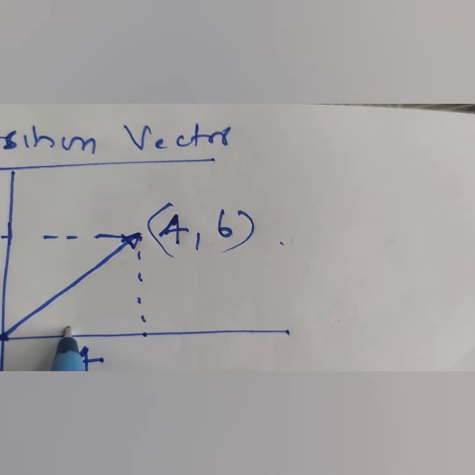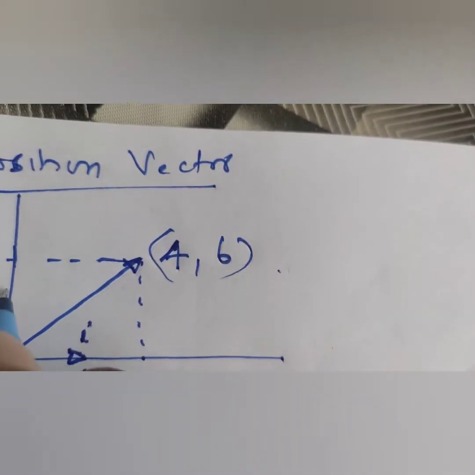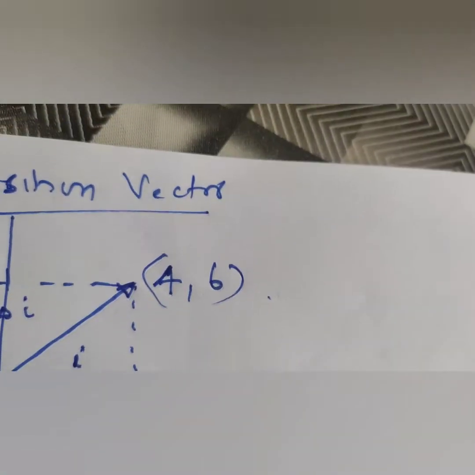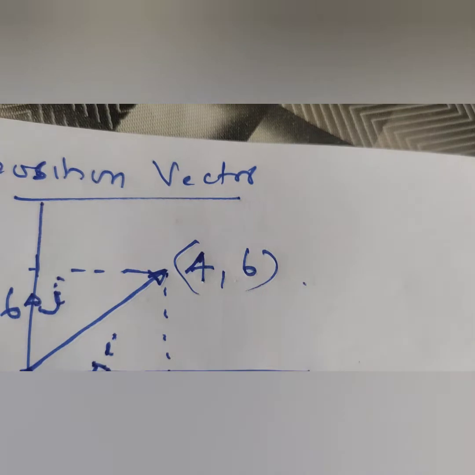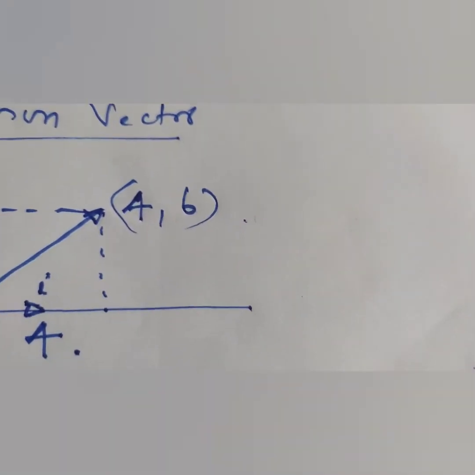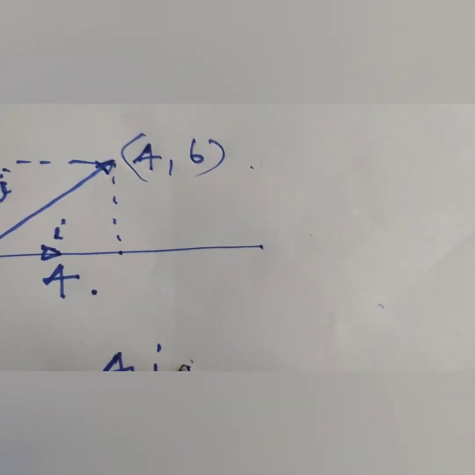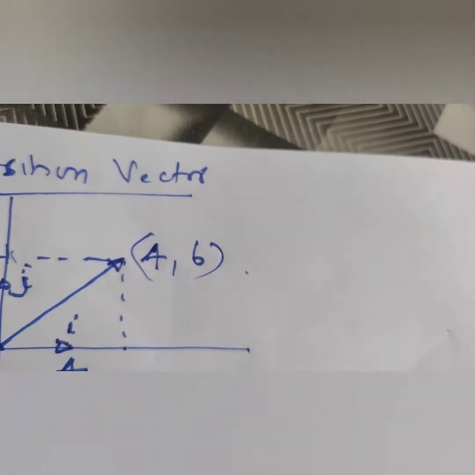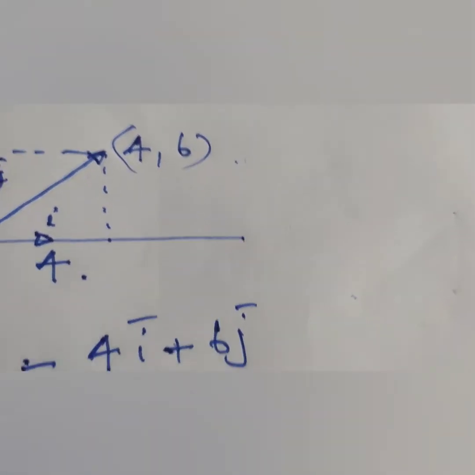This direction is called i and this direction is called j: unit vector along x, unit vector along y. So we can write OA equal to 4i plus 6j. This is the vectorial representation.